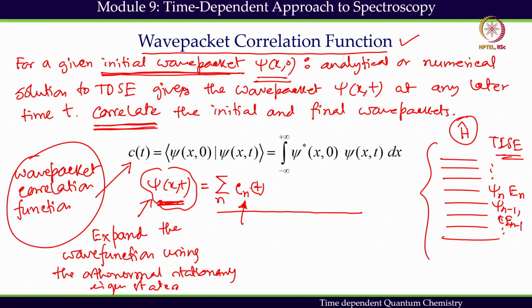So, Cn is giving you the population in the nth state. These are the usual meanings; we have been using this meaning for a long time in this course. So, we have the time independent part, the time dependent phase factor, and the associated expansion coefficient, which is going to control the population at time t in that state.